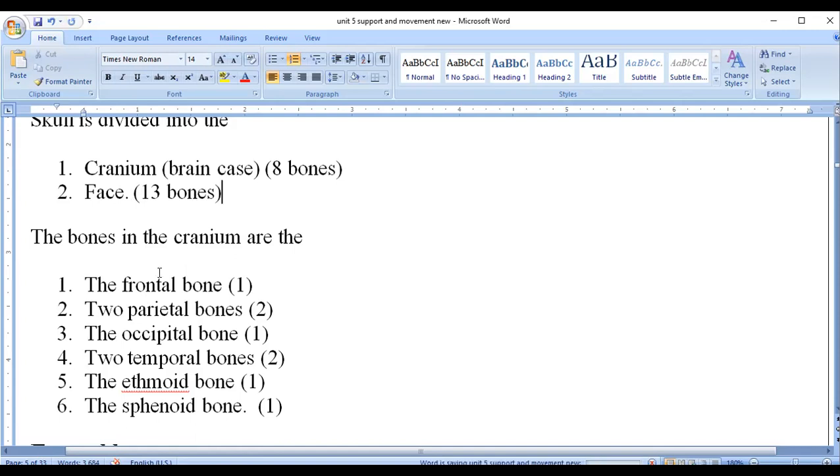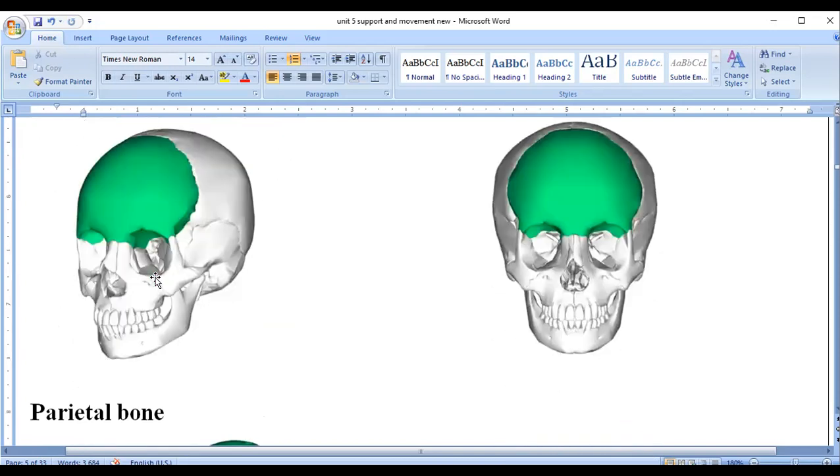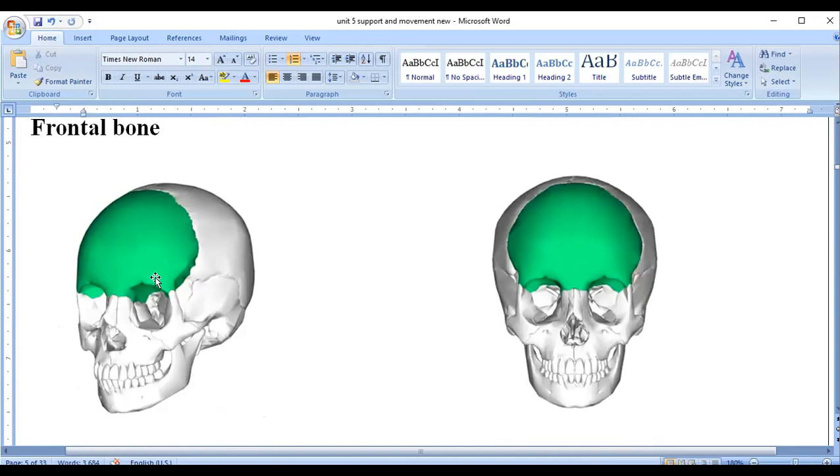We are introducing the bones here one by one. First, the frontal bone. The frontal bone makes our forehead region, up to the eye orbits. You can touch your eyebrows and feel your eyebrow bones and the bone in the upper part of your eye orbit, your forehead bone.